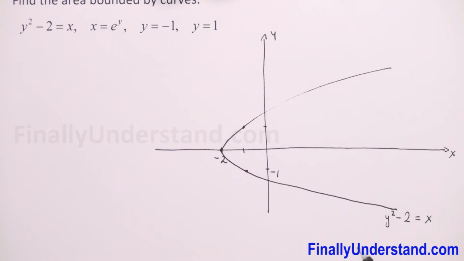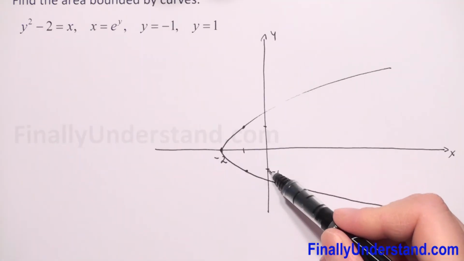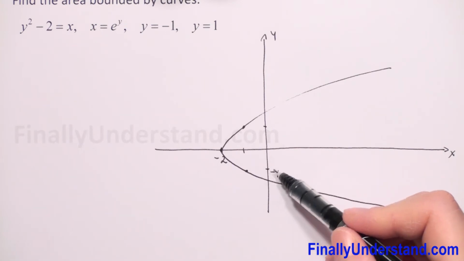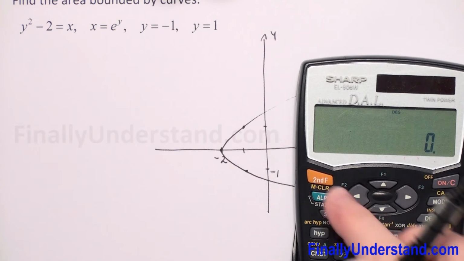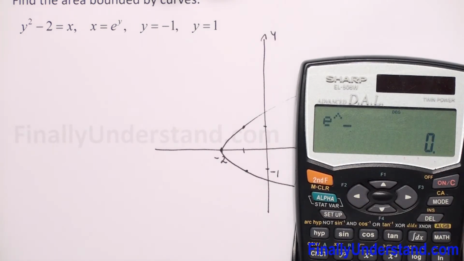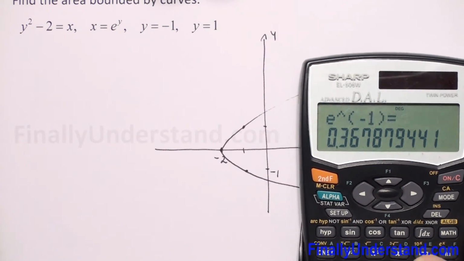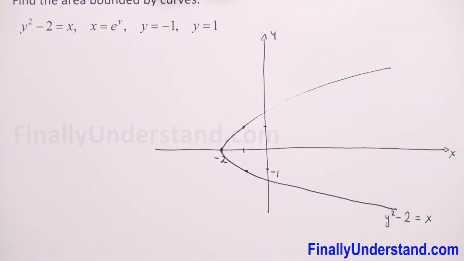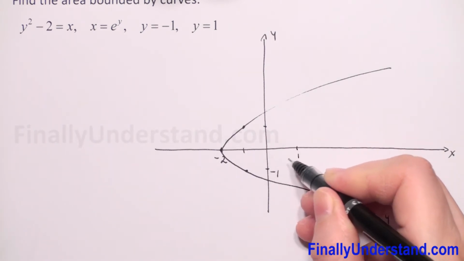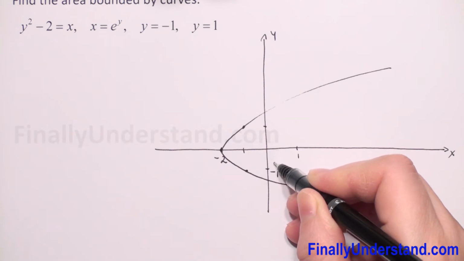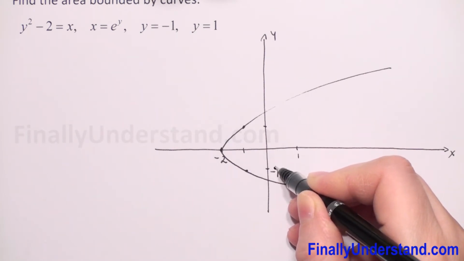For y equals negative 1, x will be e to the power negative 1, which is approximately 0.36. So we have here 1, and 0.36 will be approximately here.